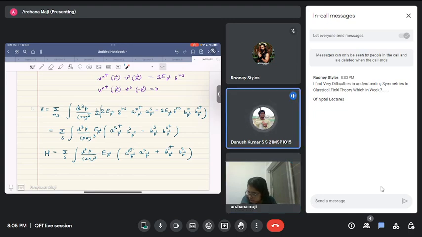Exactly, parity, space-time, and the distinction between global symmetry and local symmetry, so exponential i alpha times phi is a global symmetry of the Klein-Gordon field.